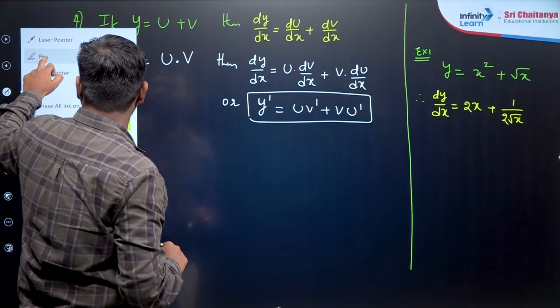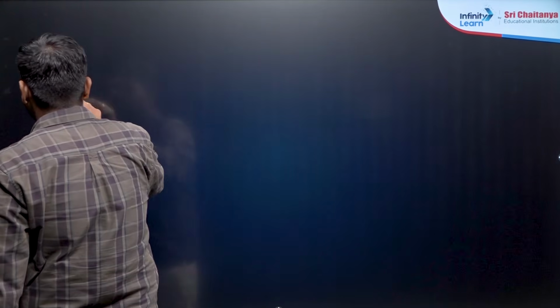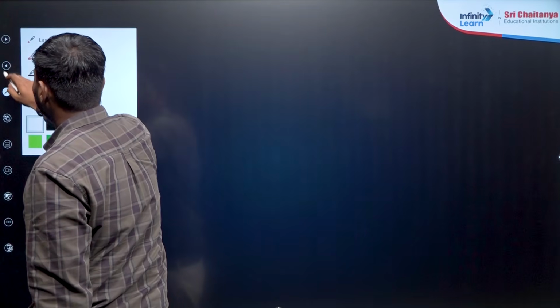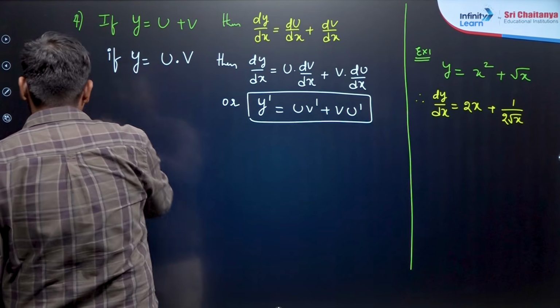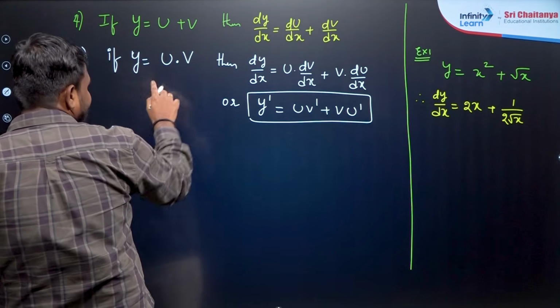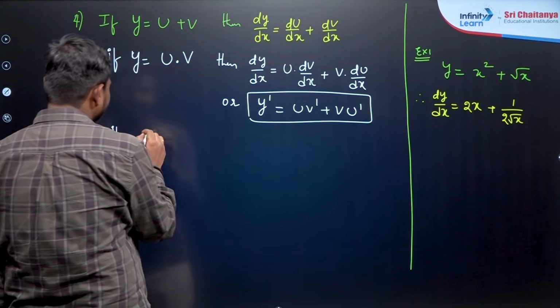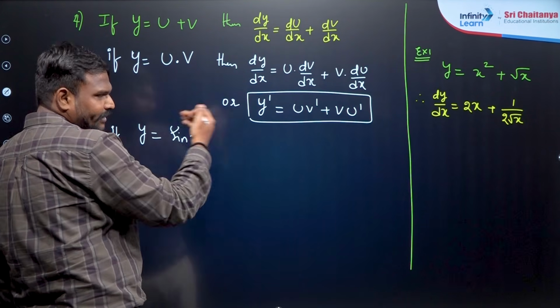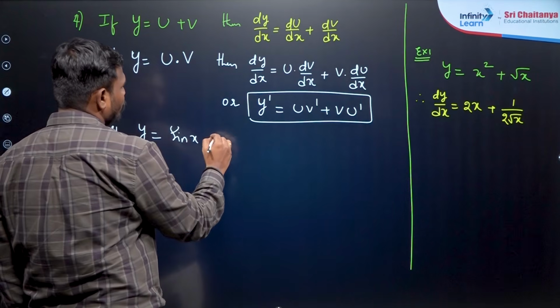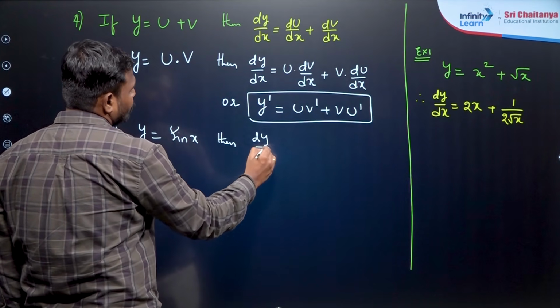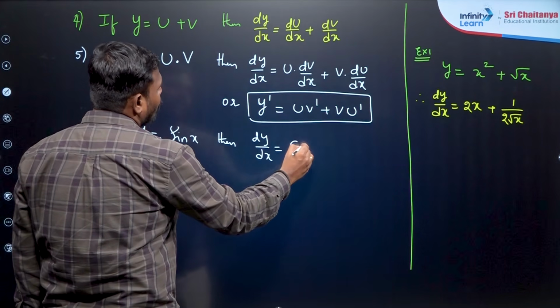If we discuss an example, it will be easier, sir. We will discuss more examples of this in the next slide because of the space constraint. If y is equal to sin x, that is trigonometry. Now we are jumping from algebra to trigonometric functions. Then the derivative of the sin x function would be cos x.